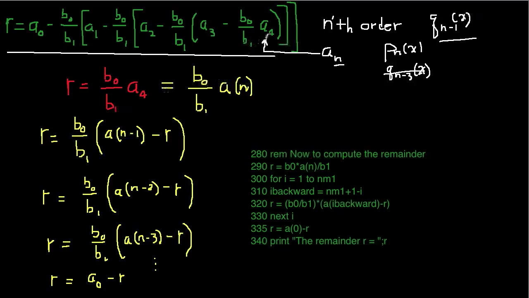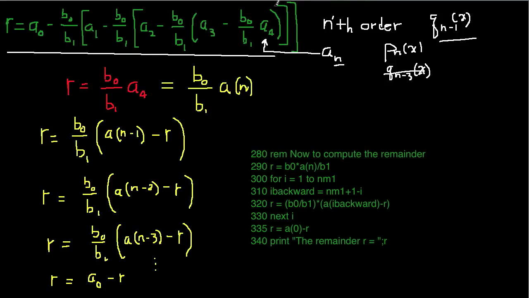So instead of using a sub 4 explicitly, I'm going to use a sub n. I'm going to take as my first estimated value for r, b sub 0 divided by b1 times a sub n. So that would be my first r.